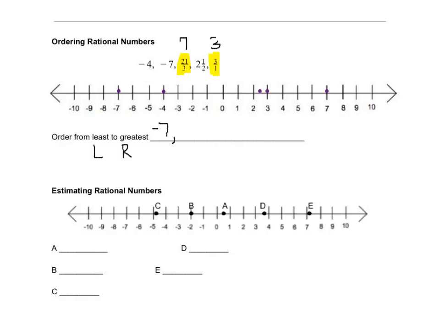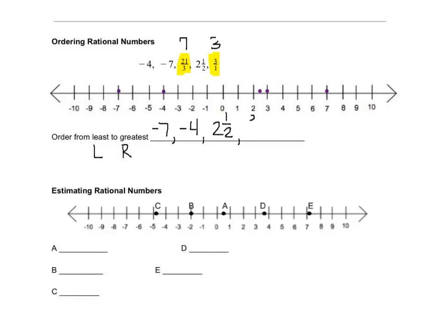And just make sure you put commas between everything so it looks as though we're listing separate values here. Then my next purple dot, -4. Continuing on down the number line, 2.5. The next dot I reach is 3.